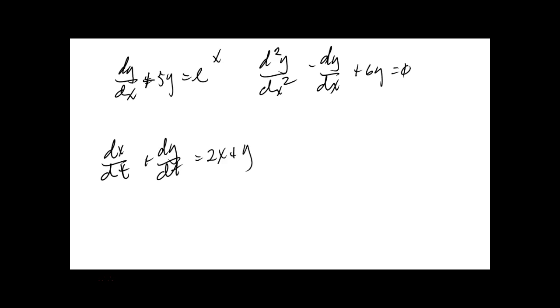What would be your dependent variable or variables in this problem? What letters do you see on the board? Don't count the D's. Those are X, Y, and T. Now, of those, which are independent, which are dependent?